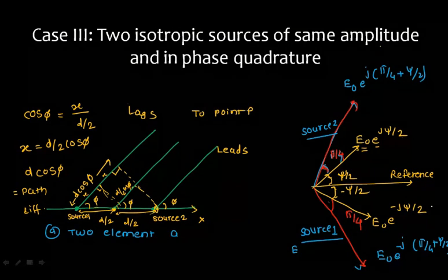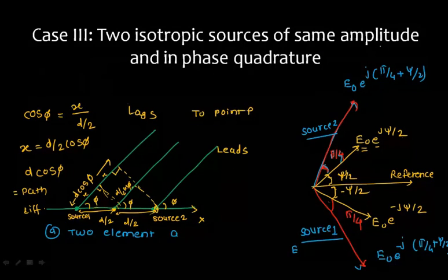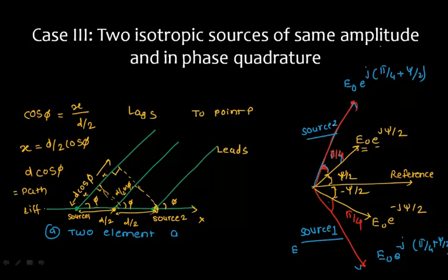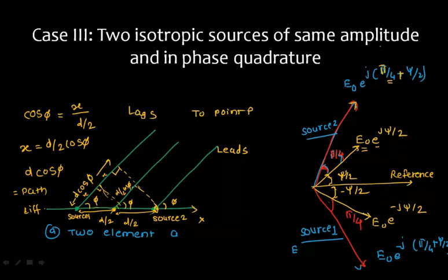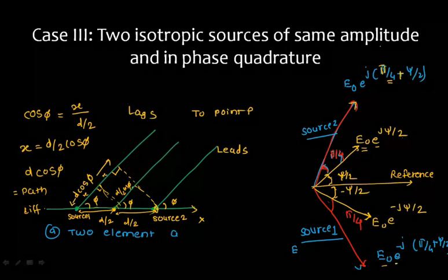Now this third case tells us that these are two isotropic point sources, but they have a phase quadrature. So here you need to add that particular quadrature phase, that is pi by 4. Your reference source will get added with pi by 4 plus psi by 2. Whenever you have sources in phase, it is the original case, but what will happen if it has a quadrature phase?